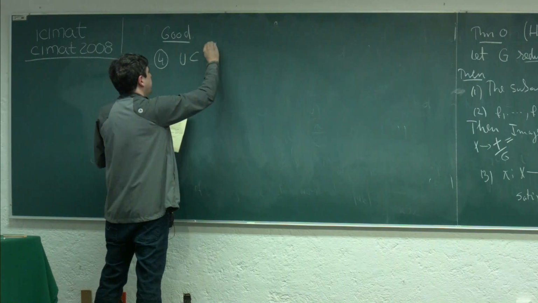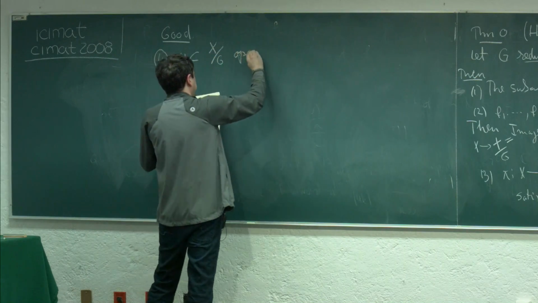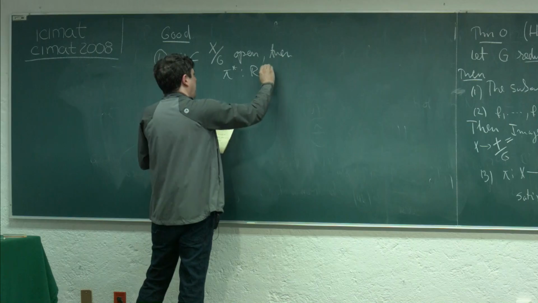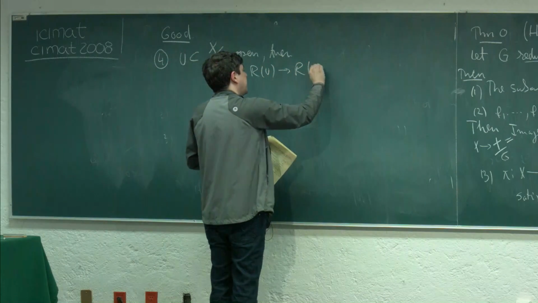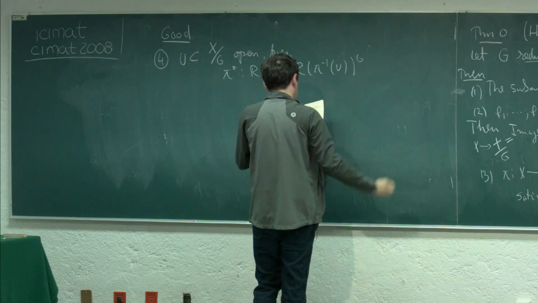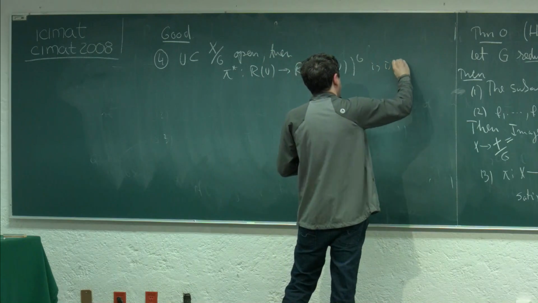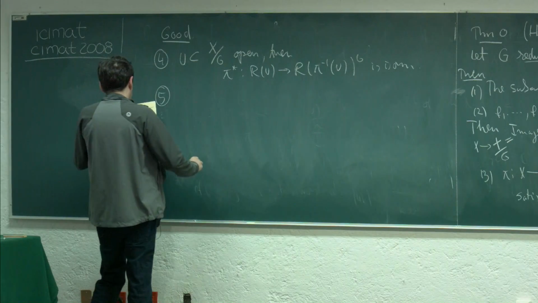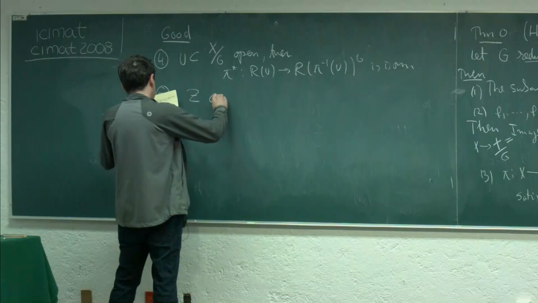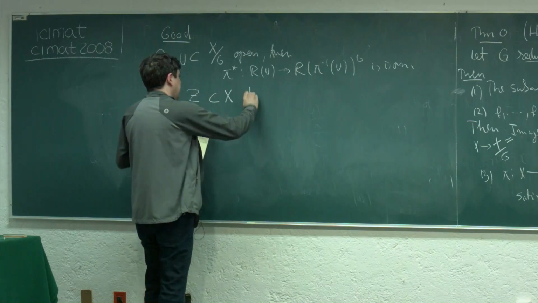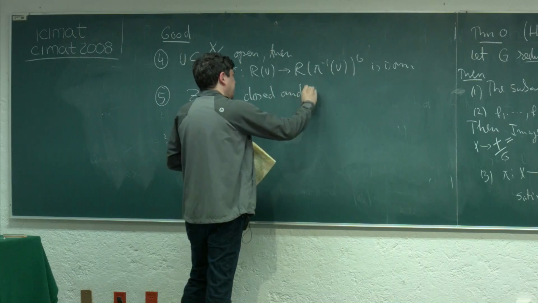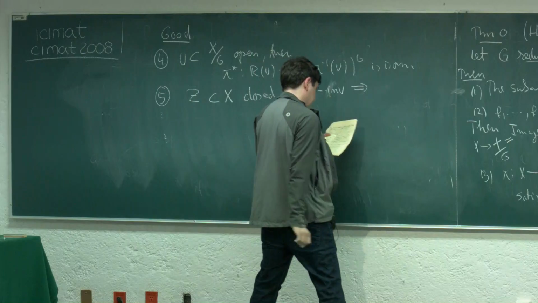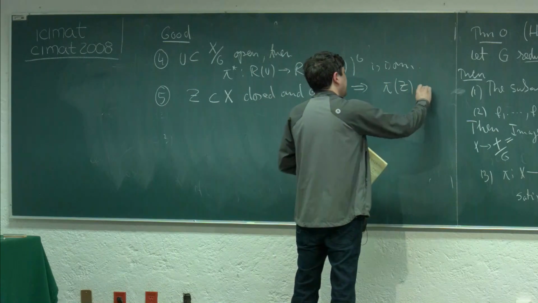If I have U in X mod G open, then the pullback from R(U) into R(pi inverse U) is an isomorphism. 5: if I have Z included in X closed and G invariant, then pi of Z is closed.